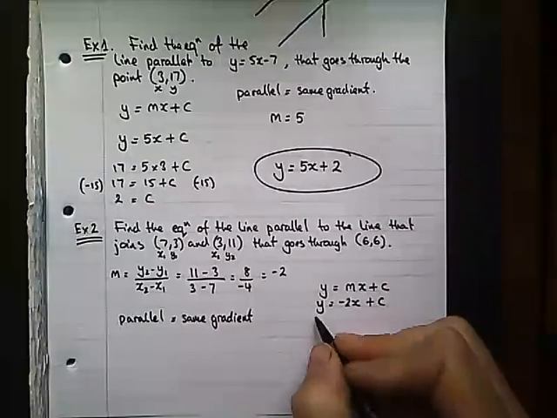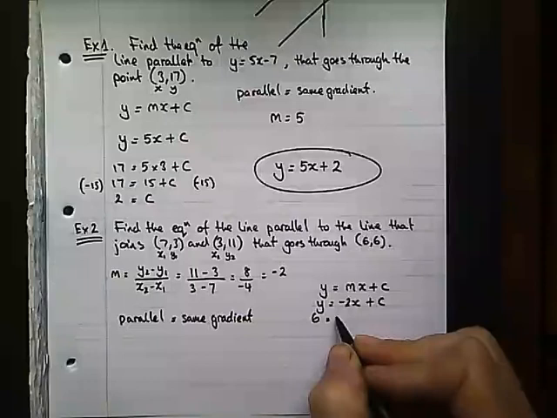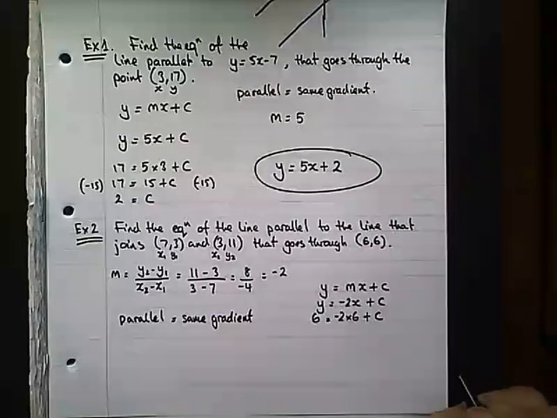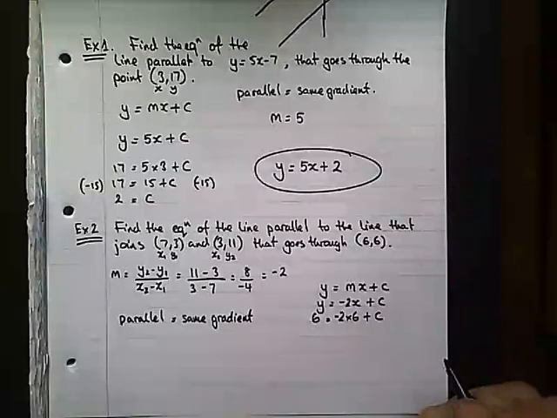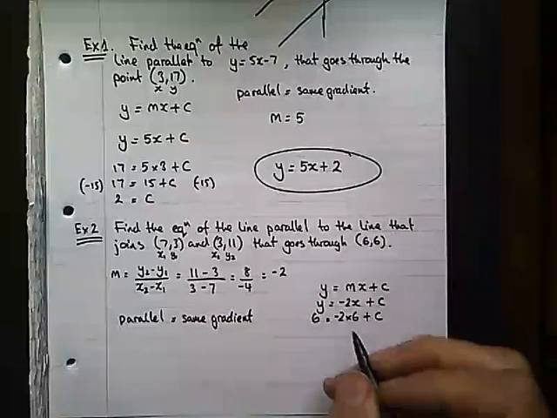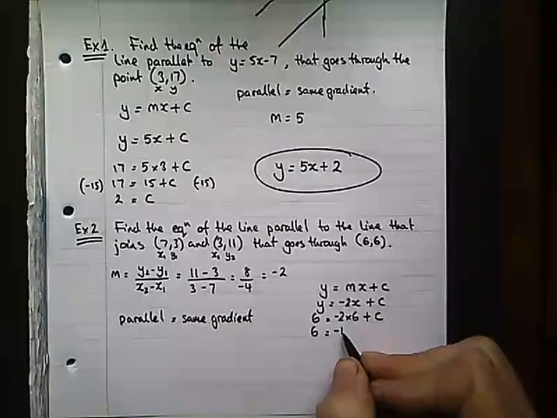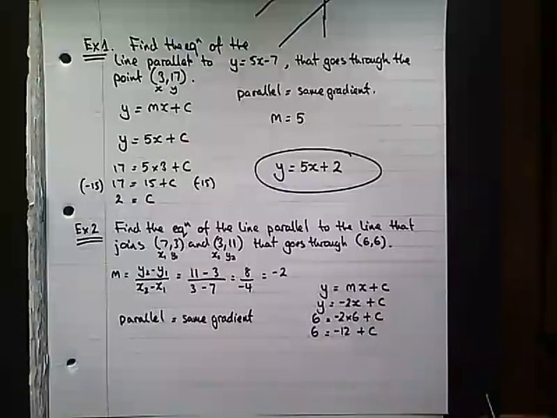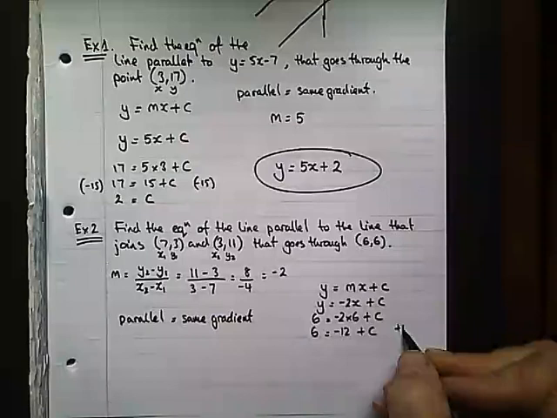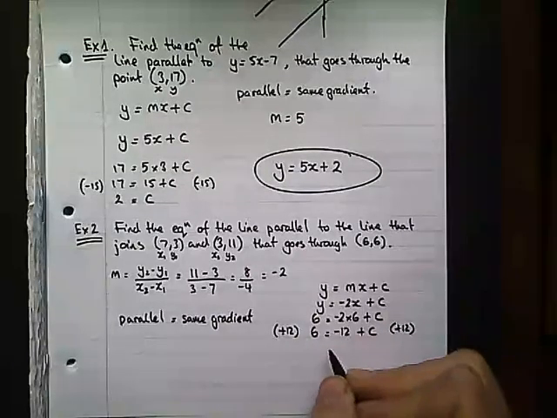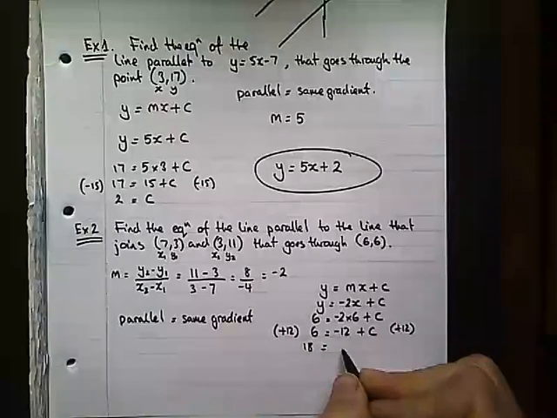Okay, so 6 equals minus 2 times 6 plus c. And then minus 2 times 6 is minus 12, so 6 equals minus 12 plus c. Add 12 to both sides. And we get 18 equals c.